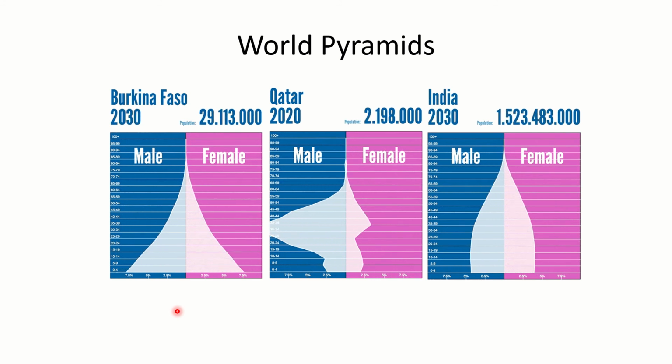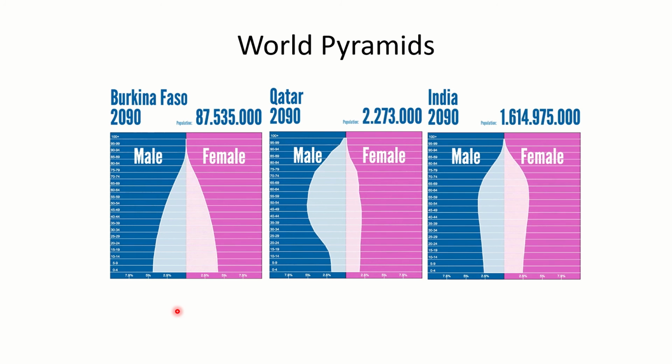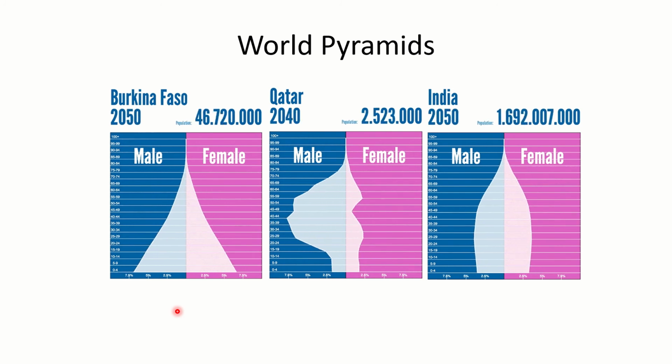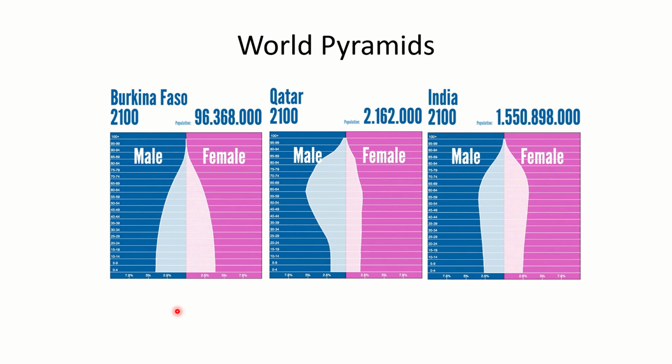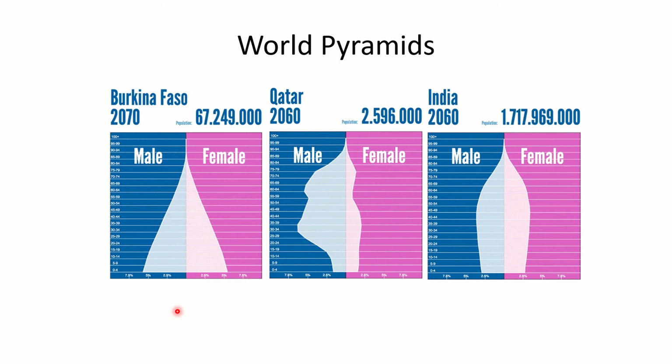This sounds like good news. We want populations to be under control, but of course Burkina Faso will have problems in the future. They are going to have to provide housing and healthcare to an increasingly elderly population, and that's a challenge they'll face.